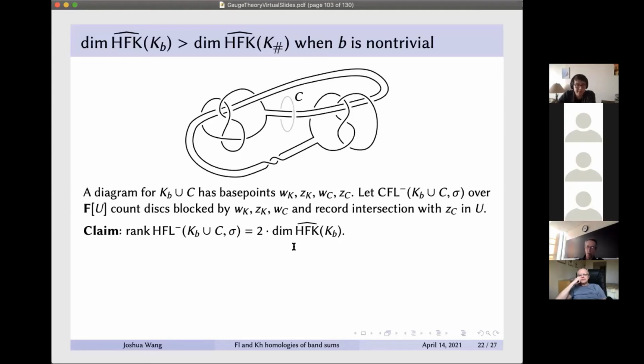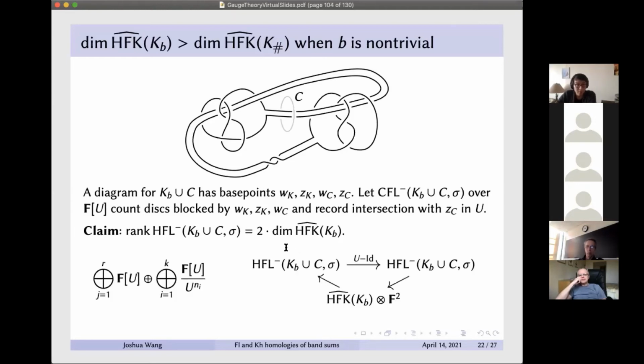Okay, so let me elaborate on that. Abstractly, as an F adjoin U module, this link Floer homology group is isomorphic to the direct sum of a number of copies of F adjoin U plus a number of copies of F adjoin U mod U to some power. Now these latter summands are called U-torsion towers, and the copies of F adjoin U are called infinite U towers. And the rank is just the number of infinite U towers.